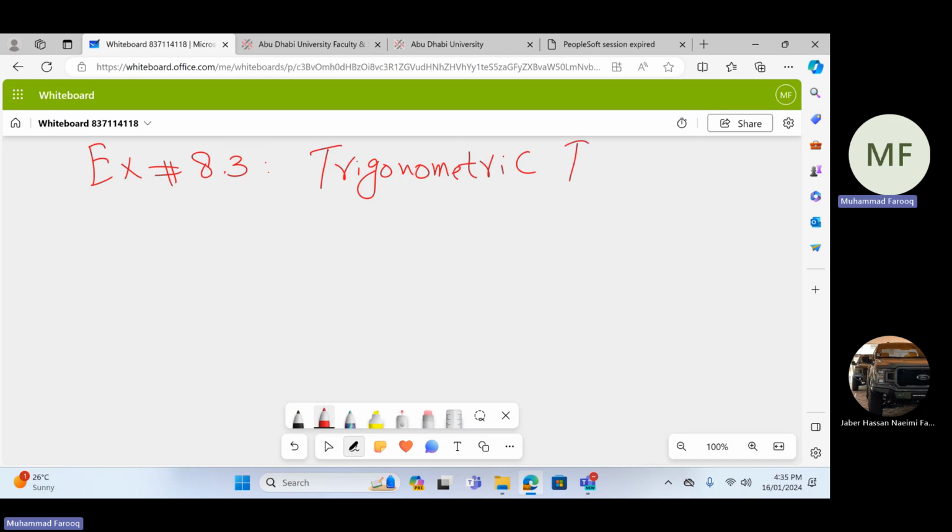In this section 8.3, which type of questions do we have to integrate? Because the topic is trigonometric, one thing is confirmed: you have trigonometric functions, sine, cosine, tangent, secant, cosecant, cotangent. However, they will come with higher powers.